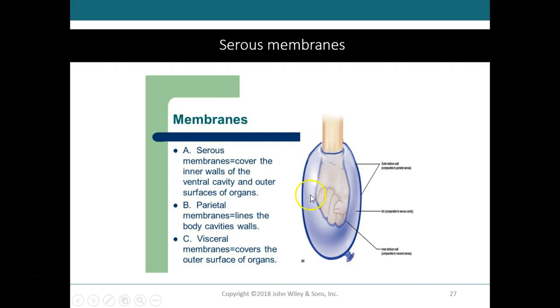And then between those two, you would have a fluid-filled space known as the pericardial cavity. So this idea is the same whether it's the pericardium, the visceral and parietal membranes that surround the heart, the pleura, the visceral and parietal membranes that surround the lungs, or the peritoneum, the visceral and parietal membranes that surround the abdominal organs.